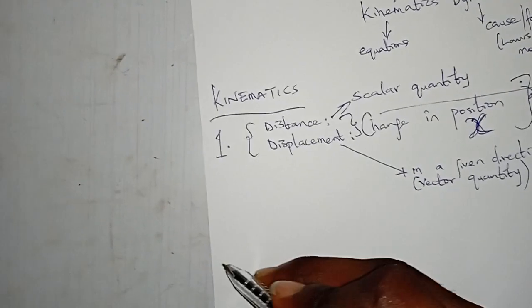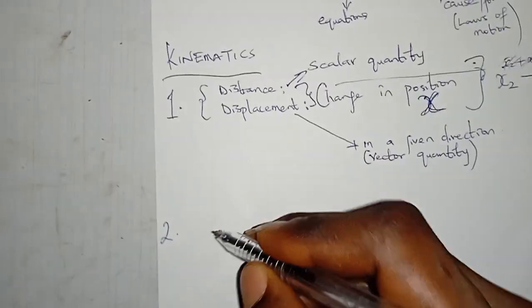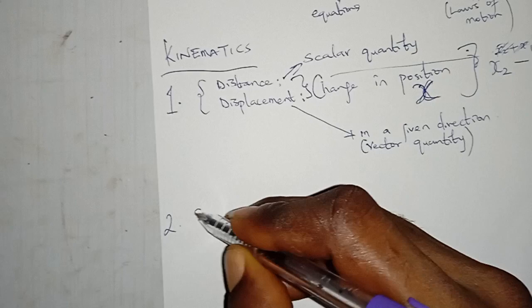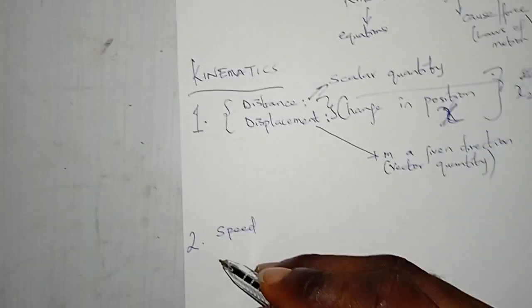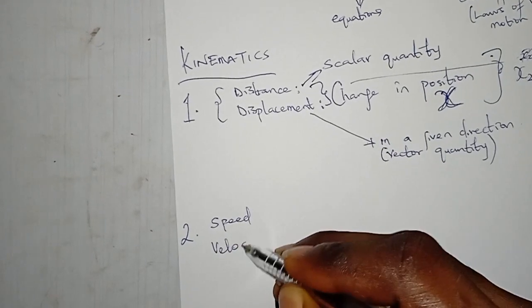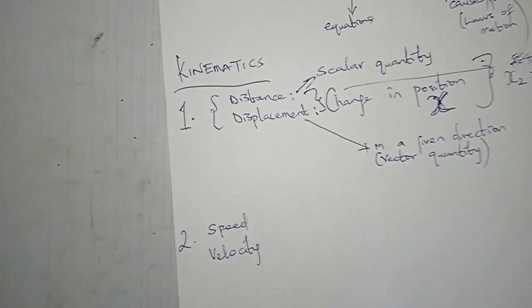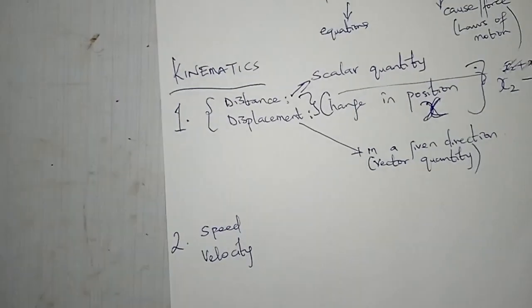So the second parameter, the second term associated with kinematics, is what we call speed, and another one is what we call velocity. Now, these two are the same.